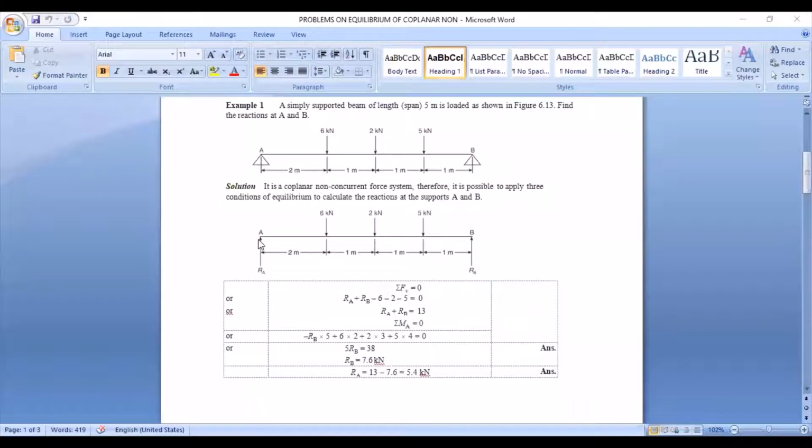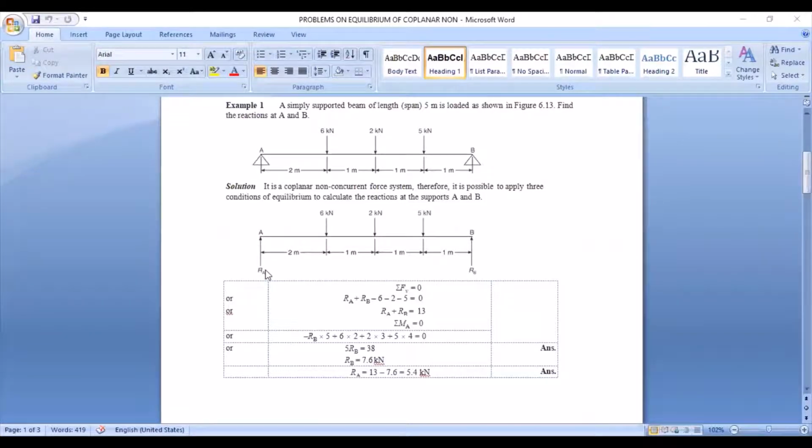The reason being there is no horizontal force acting on this beam. So since there is no horizontal action, therefore horizontal reaction will be 0. And since we have only vertical actions in the diagram, we have only vertical reactions. So this RA and RB are substituted in the place of supports at A and B.